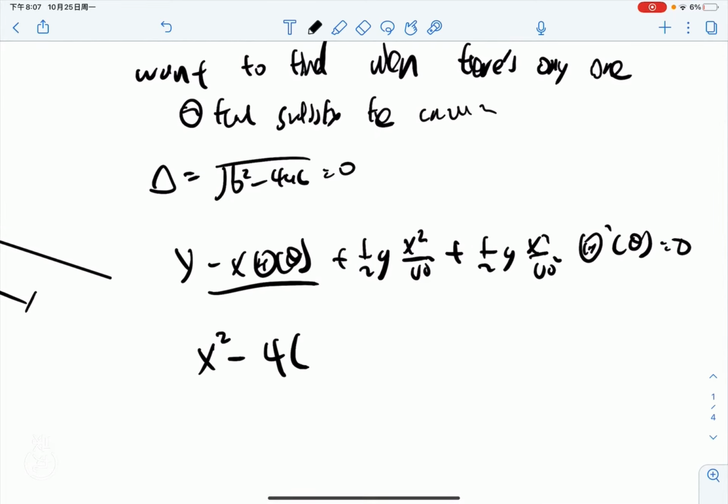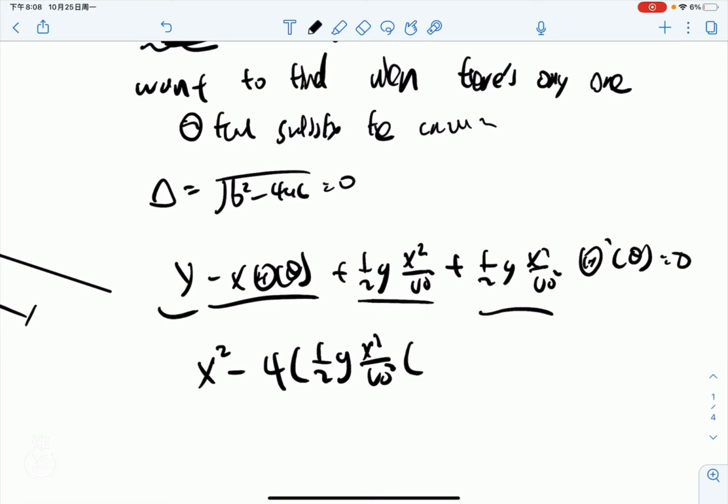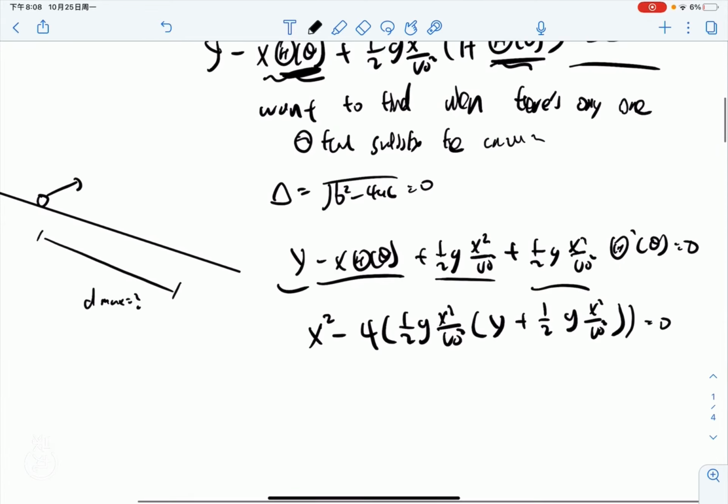Which one's a? Let's see, this one's c, which is y plus this. And now if you expand it out, you can find the equation for the envelope.